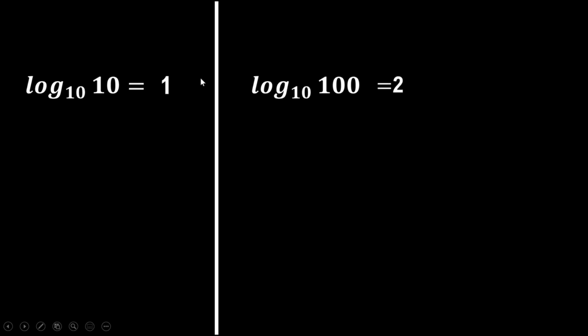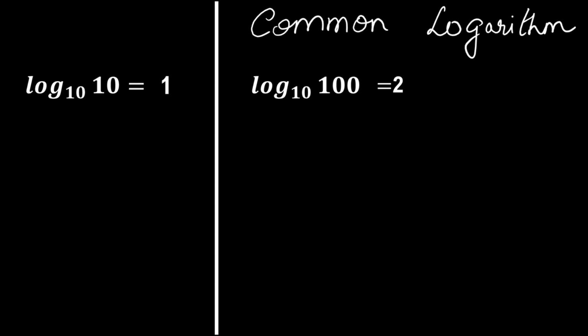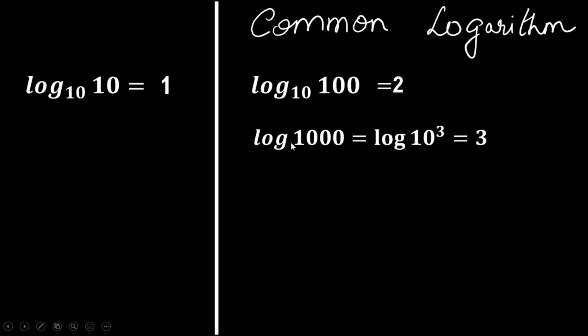Understood? So similarly, we are dealing with only common logarithm here to keep our understanding simple. For example, if log of 100 with base 10 is 2, then similarly log of 1000 is 10 to the power 3, and this becomes 3.